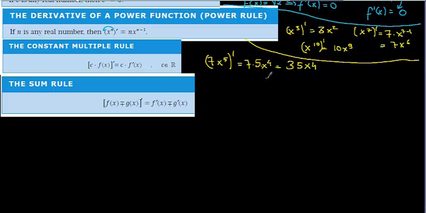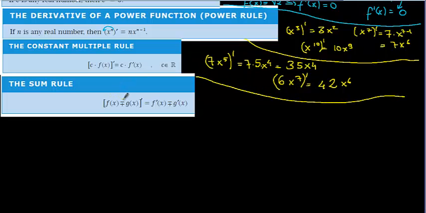Or 6x to the power of 7 derivative is equal to 6 times 7, 42, x to the power of what it should be here, 6. As we understand here, the coefficient is not going to affect the operation.